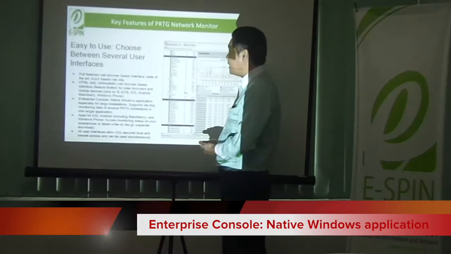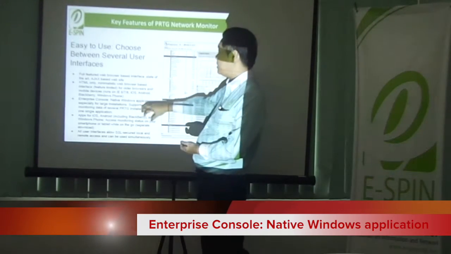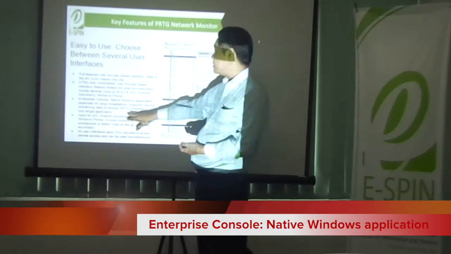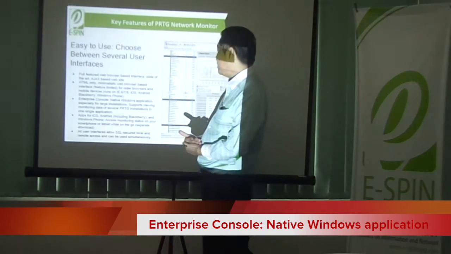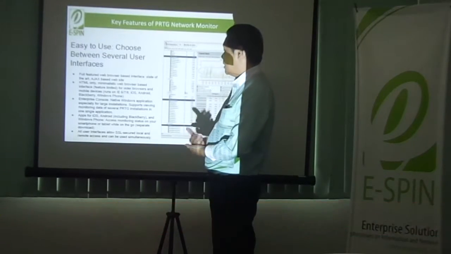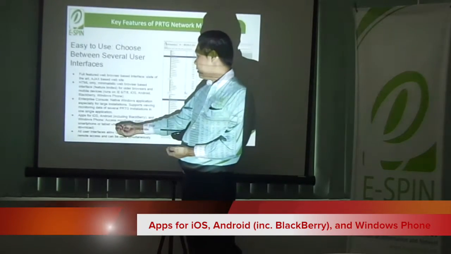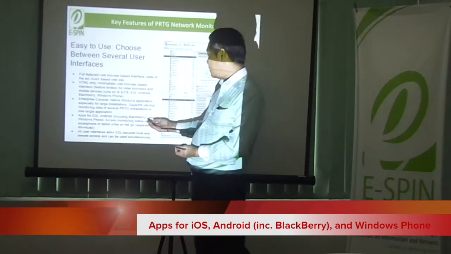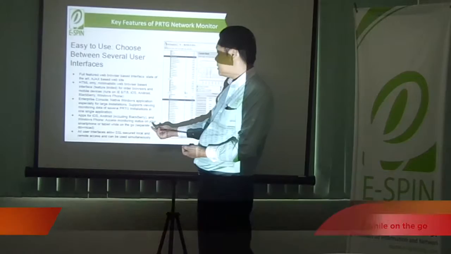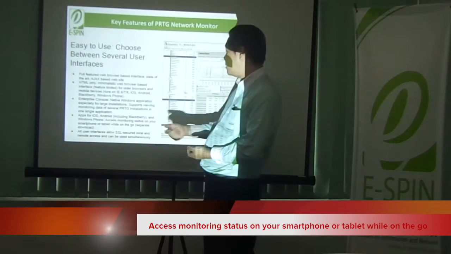The Enterprise Console is a native Windows application, especially for large installations, supporting viewing of monitoring data of several PRTG installations in one single application. Apps for iOS and Android, and mobile apps include BlackBerry and Windows Phone, let you access the monitoring status on your phone or tablet while on the go.